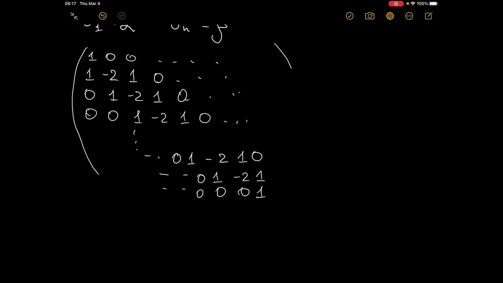So our coefficients matrix for the system will look like that.